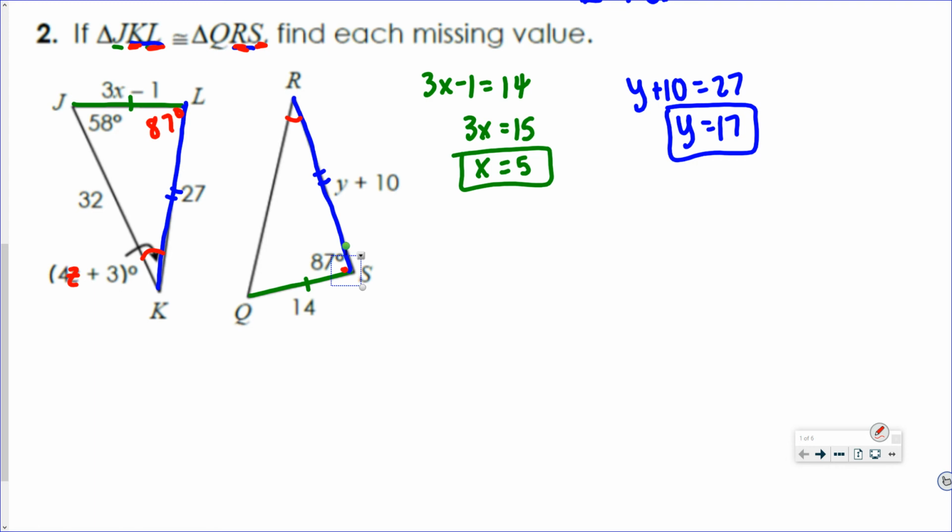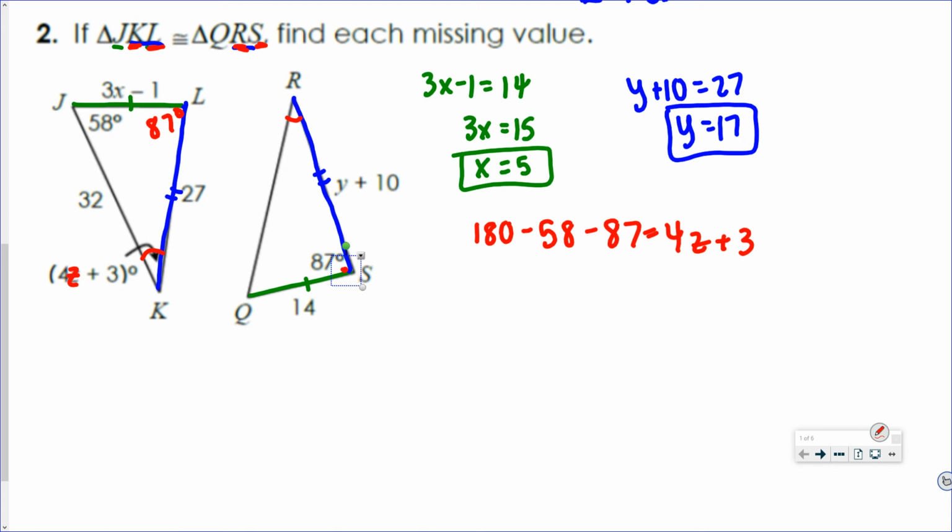And then I see, now I know 58, 87, 4z plus 3. Now I can set up an equation that those have to total 180. Or you could have done 180 minus 58, minus 87 would give me that third angle. However you want to set up the equation. Or you could have done 4z plus 3 plus this equals 180. Could have done that as well.